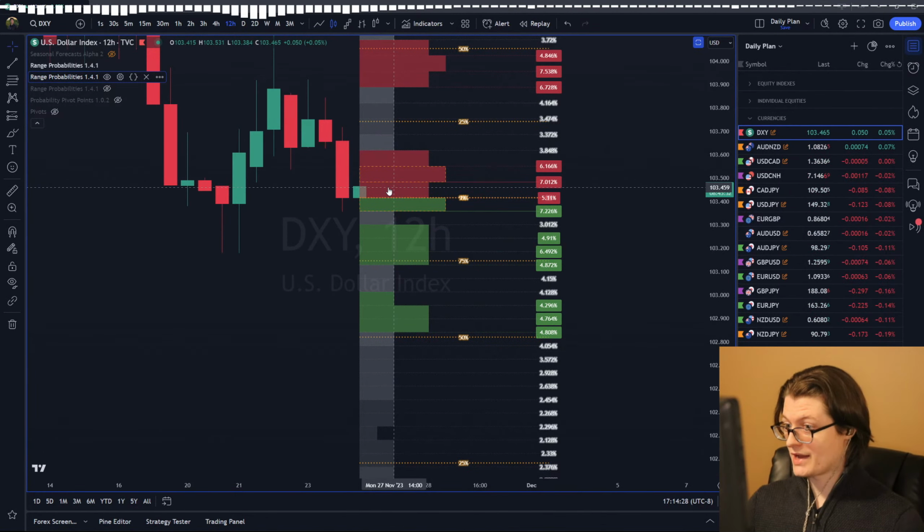But I have no expectations to anticipate any sort of crazy volatile move that would make the dollar get so strong so quickly. Remember, this is the dollar CAD, so when this chart goes up, the dollar is getting stronger against the Canadian dollar, and when this chart goes down, the Canadian dollar is strengthening against the US dollar.